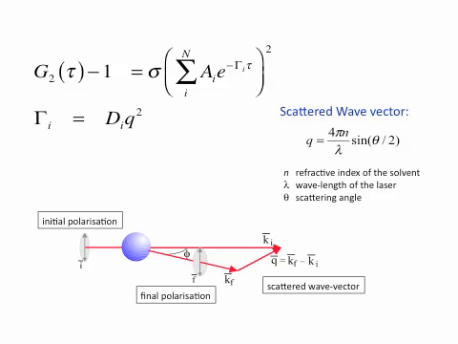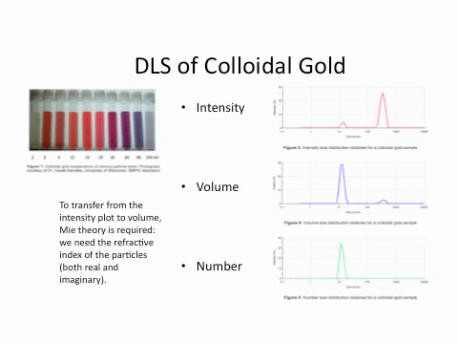And you need to know the wavelength of the laser, which is also known. So as a result of that, you know Q, you fit and you get the expression here. Then you can calculate D, and D is the diffusion coefficient that you want. If you have D, you put it in the Stokes-Einstein equation, and you have the radius of the particle. So that's what DLS does.